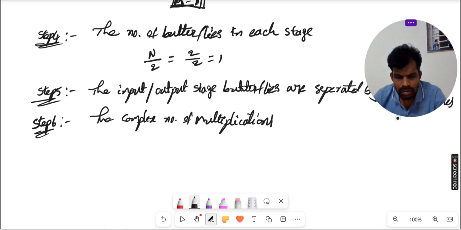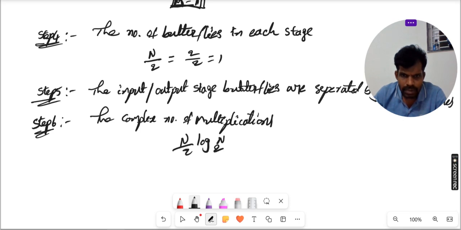The formula for the complex number of multiplications in FFT is N by 2 log N base 2. Here the value of N is 2.